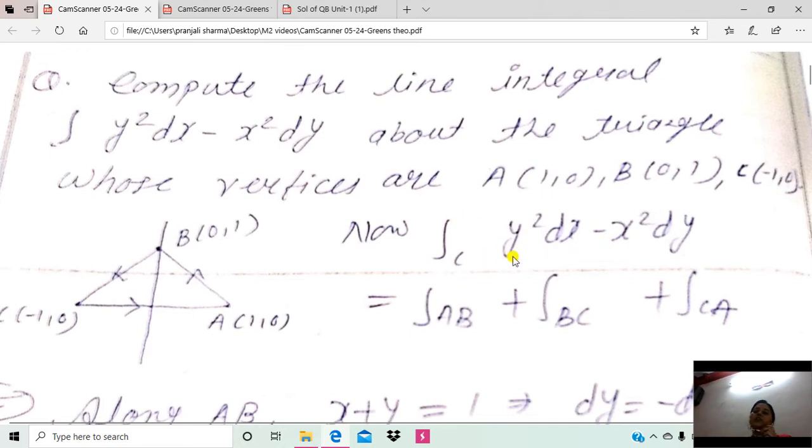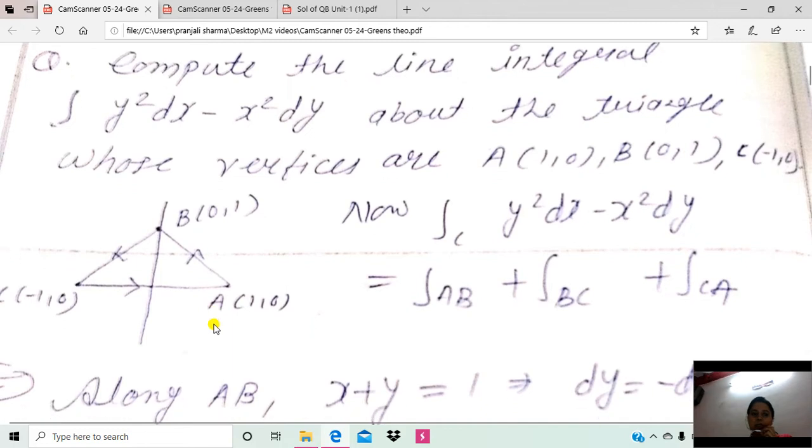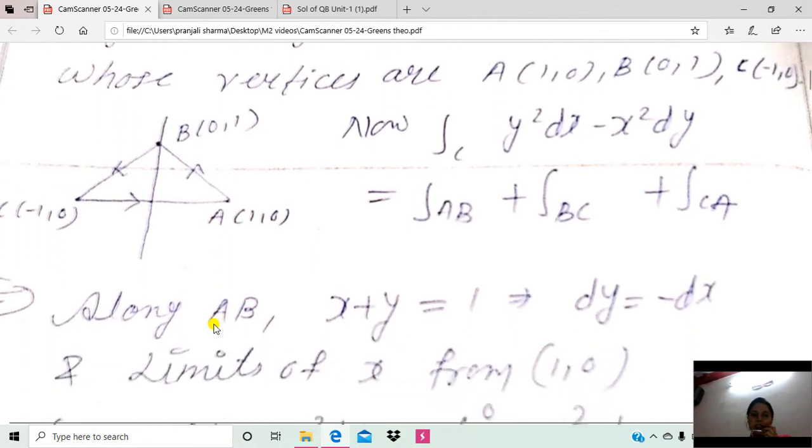So the line integration of y square dx minus x square dy has now been split into three parts: integration along AB, integration along BC, and integration along CA. You remember that the direction will be anti-clockwise. In vectors we have to calculate all the line integrals in the anti-clockwise direction.